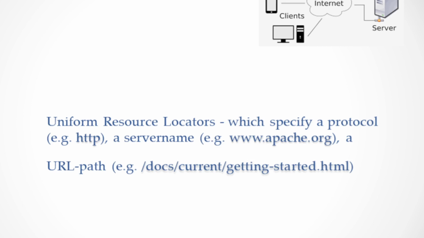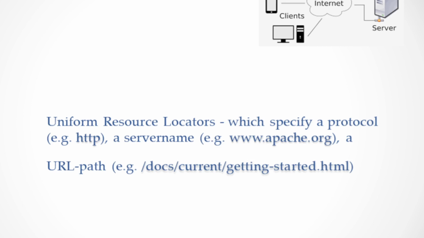Let us try to understand a little bit of basic concepts, like what is a URL or URI. URL means Uniform Resource Locator. It is an address of your website. Generally we use a domain name for your website name.